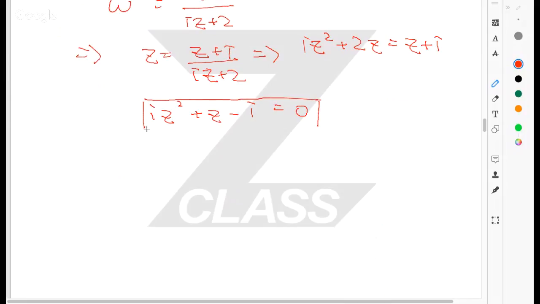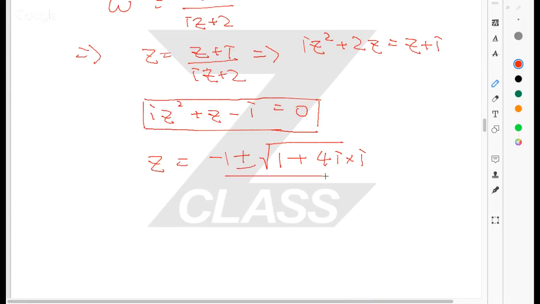So we use the quadratic formula, which tells us that z is equal to minus 1 plus or minus the square root of 1 plus 4i times i, over 2i. And simplifying, we get that expression.